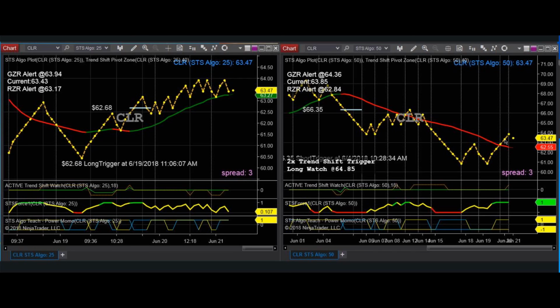This is what we want to reference. We would be over, because this is above that, 1, 2 more would be 3, 4. That would be 4 factors out above the trend shift pivot indicator. When it turned green, we're going to predict a pullback before we want to get in that trade if it's over 3 factors.